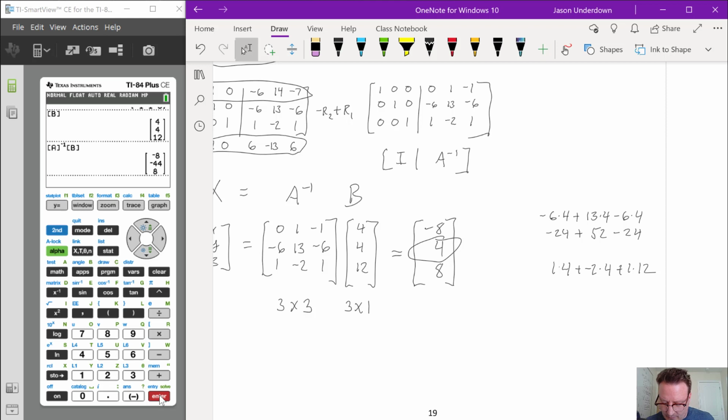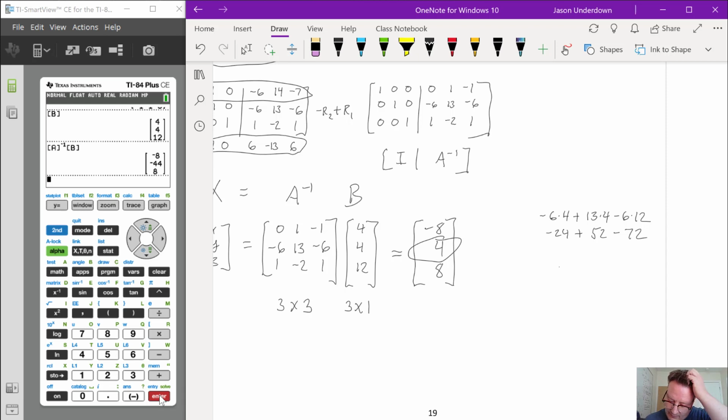That's negative 24. 13 times 4, that is positive 52. Oh, and negative 6 not times 4, but times 12. Okay, so this part of my calculation was wrong. It was negative 6 times 12, which is negative 72. Okay, yeah, that's totally different.